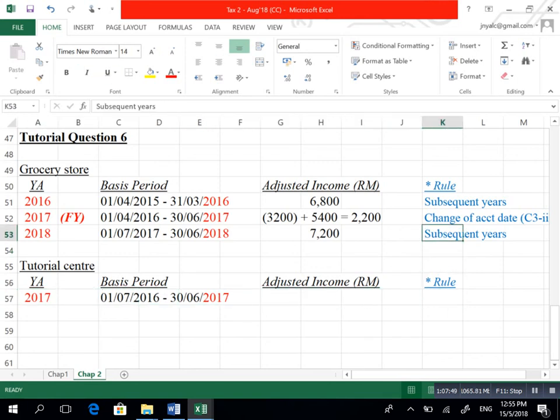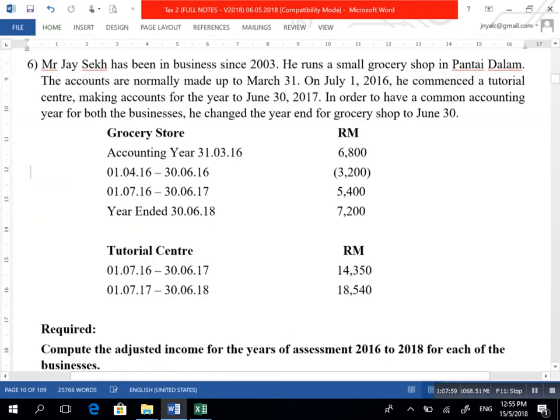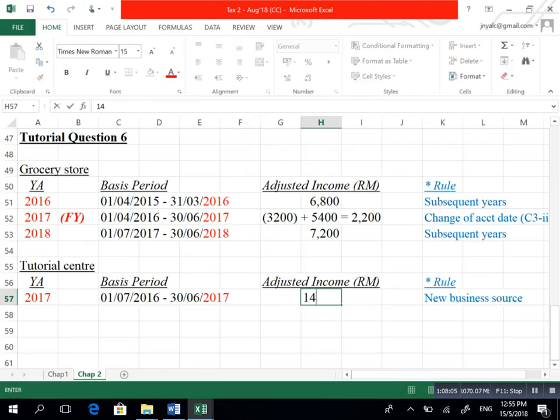Now come to 2018, class, you can just copy and paste from your old business here. It should also be July 17 until June 18. Yes, the adjusted income will change. So far it should be the same also, right? So no need to add or minus anything. So you should get 18,540.